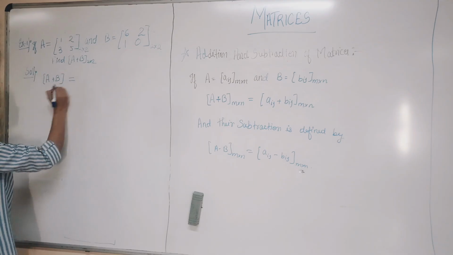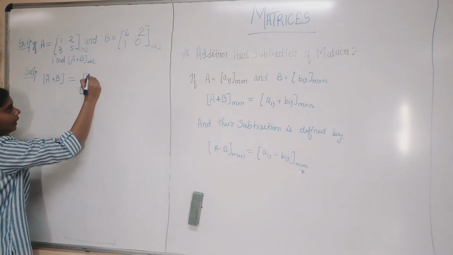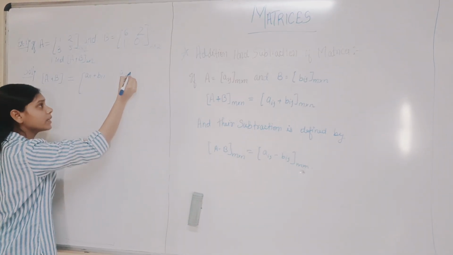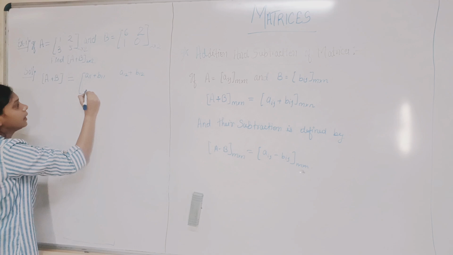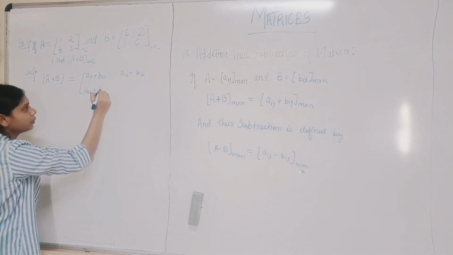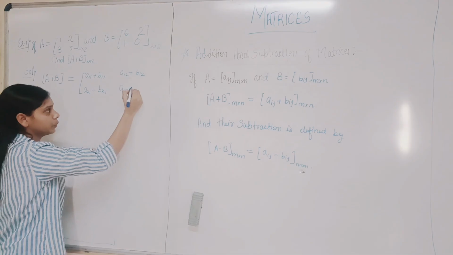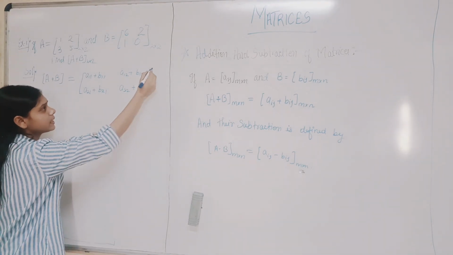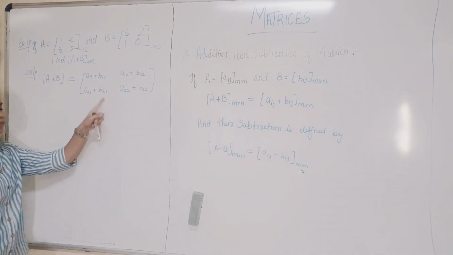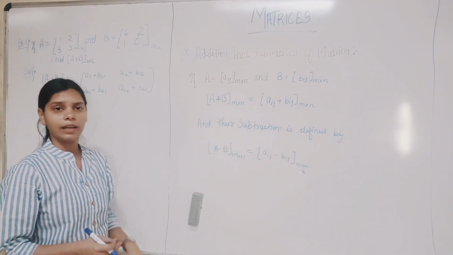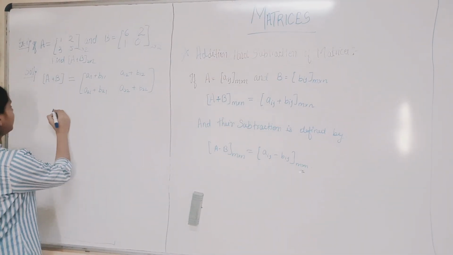So A plus B is equal to A11 plus B11, A12 plus B12, A21 plus B21 and A22 plus B22. Now what are A11, A12, B11, B12? Just compare.